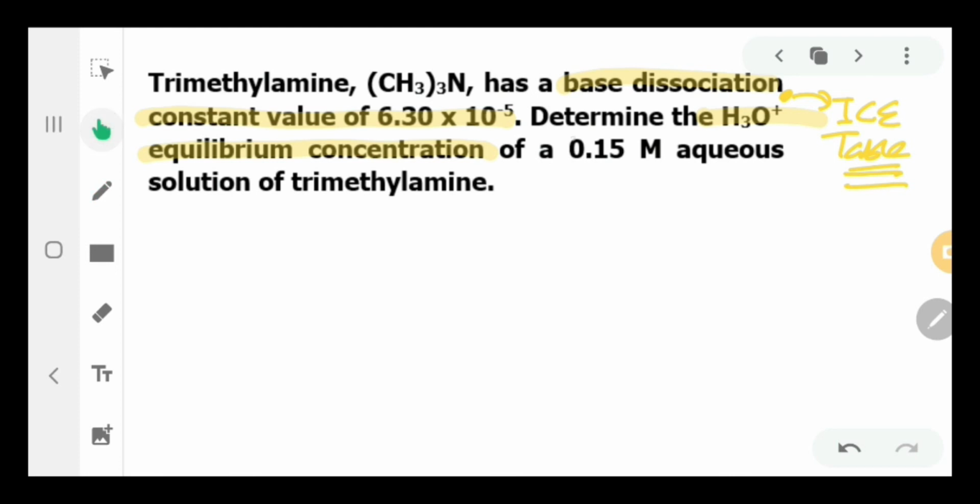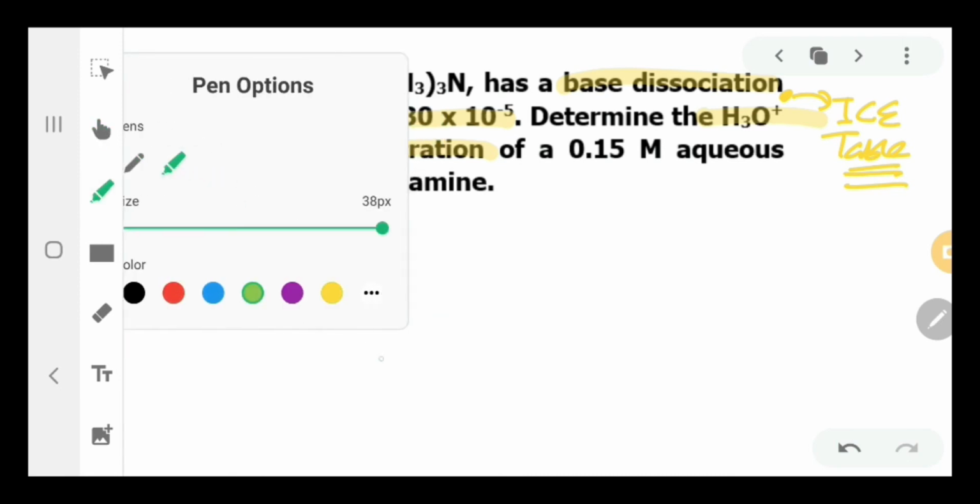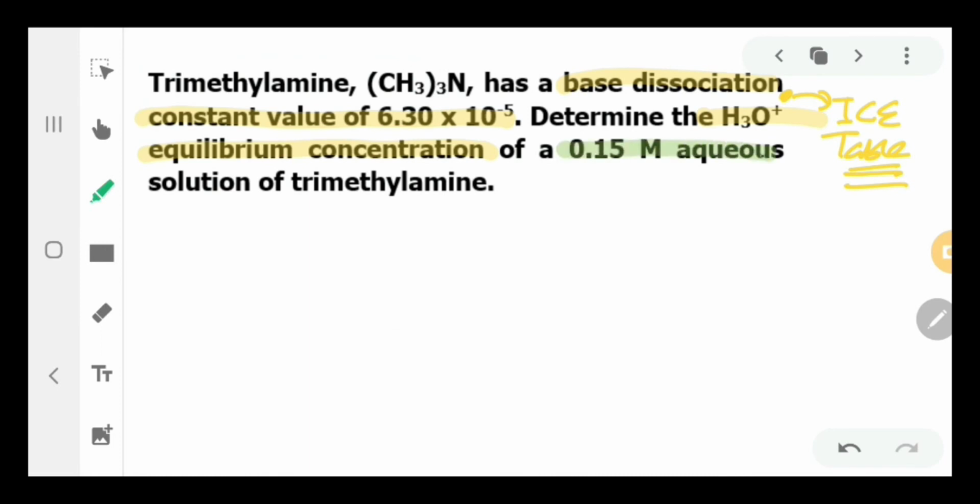You have the base dissociation constant value, Kb, right here, and you need to determine the equilibrium concentration of H3O plus. Okay, and also what we have is this. This is your initial concentration.